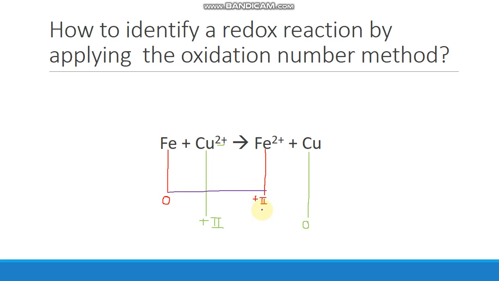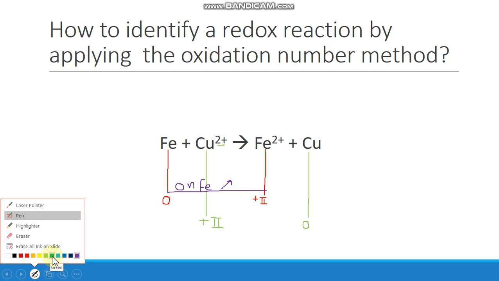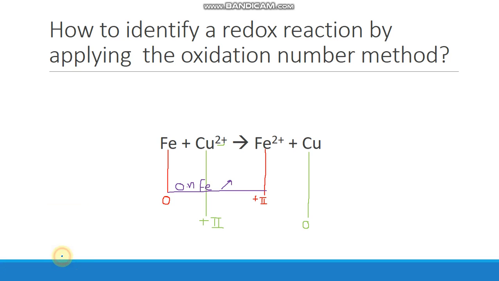So the oxidation number of Fe decreased or increased? Of course it increased from 0 to +2. So I'm going to write it: oxidation number of Fe increased.